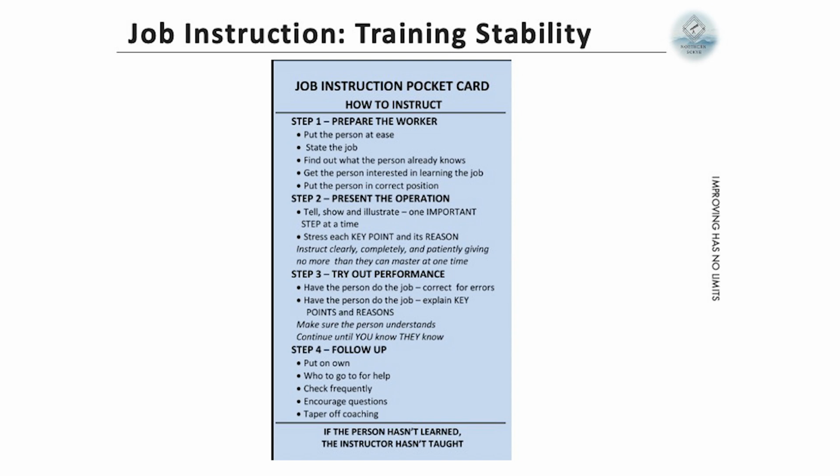That's the whole premise of job instruction. You do it for them, explaining the key points and the reasons why. You do it 4 or 5 times, maybe something like that, and then you observe them doing that process 4 or 5 times, correcting each time that a mistake happens, and have them go through key points and reasons why.